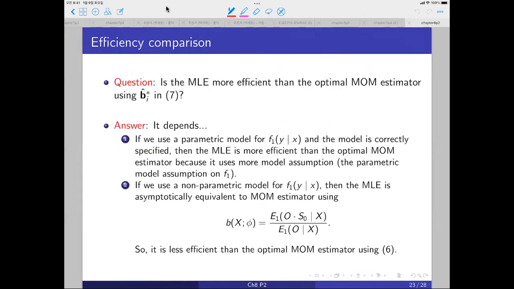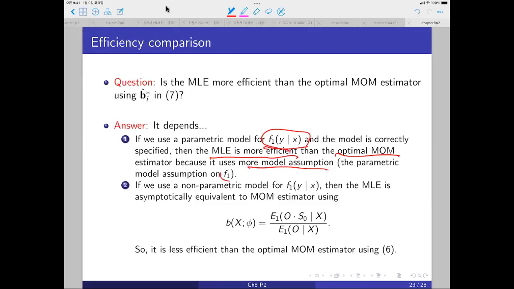Now I'm going to answer Yumo's previous question. Which one is better? We have two estimators. MLE, we know MLE is efficient, but the optimal method of moments estimator is also optimal in its class. The first answer is, if you have a parametric model and this model is correctly specified, then MLE is more efficient than the optimal method of moments estimator because it uses more model assumptions.